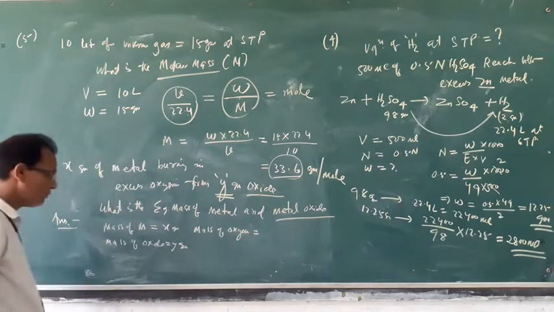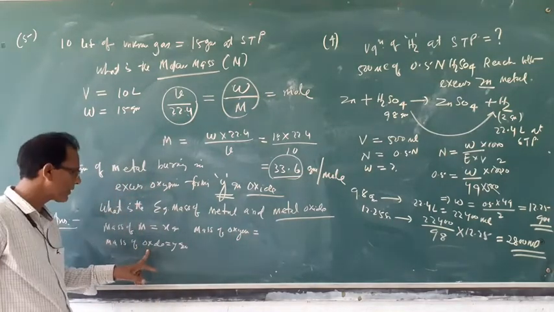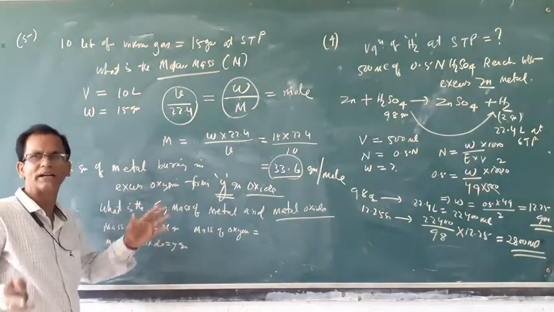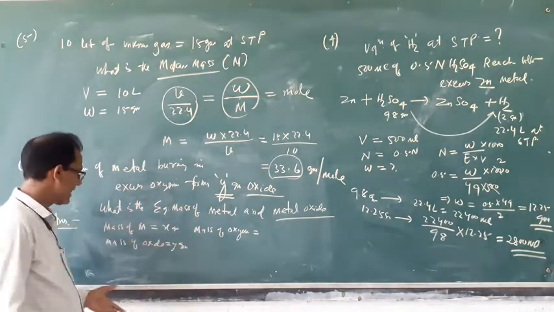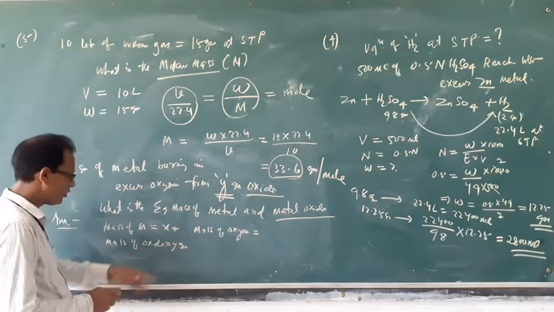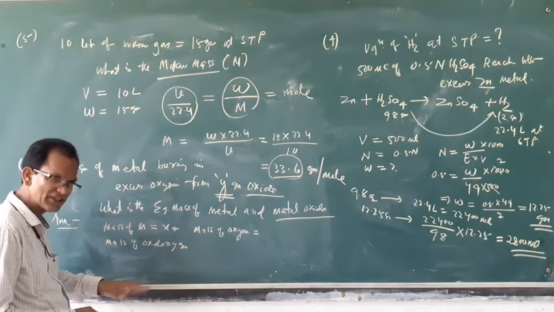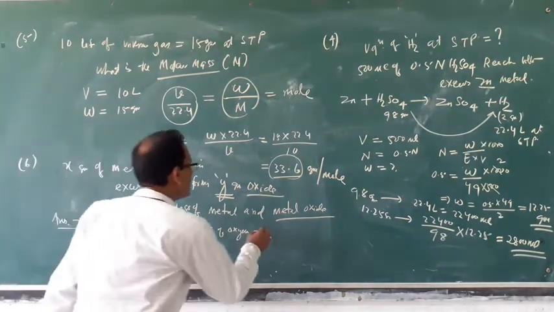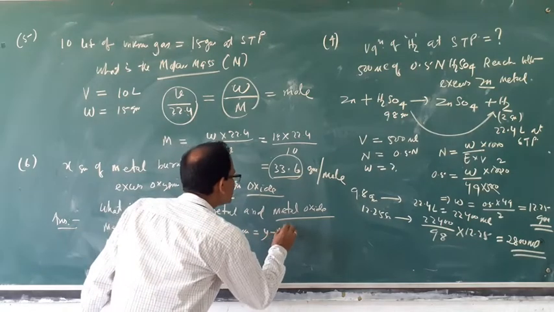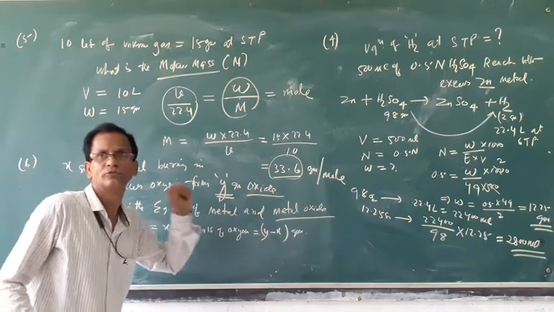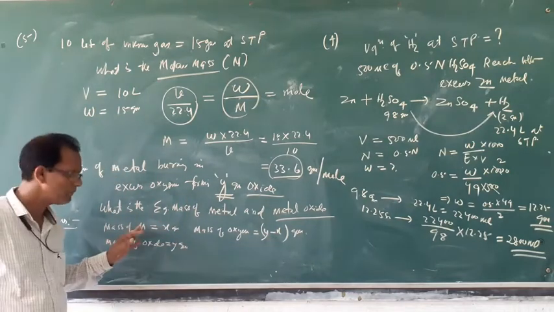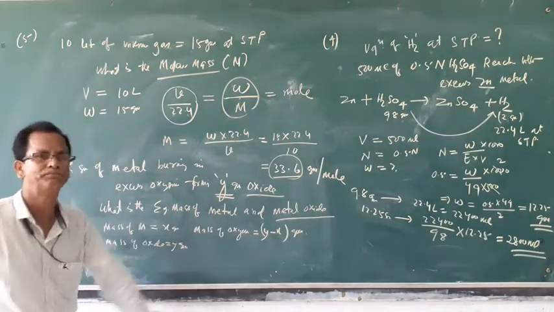Mass of oxygen combined, because metal oxide is a combination of metal and oxygen. Metal weight is already given and oxide weight is given. Oxide is the combination of metal and oxygen. So mass of oxygen is Y minus X gram. So this is the oxygen amount combined with metal to form oxide.